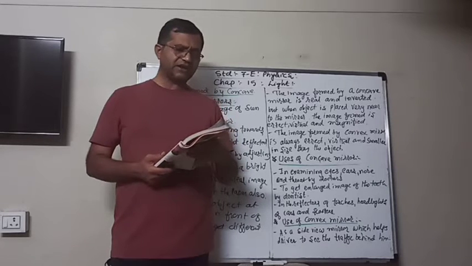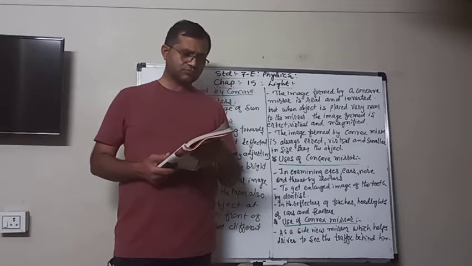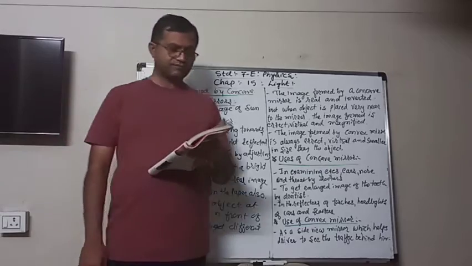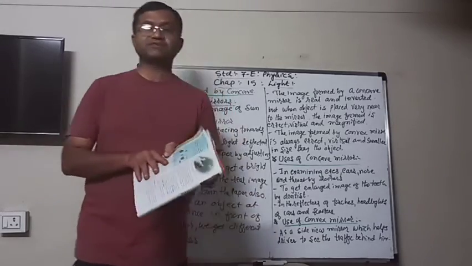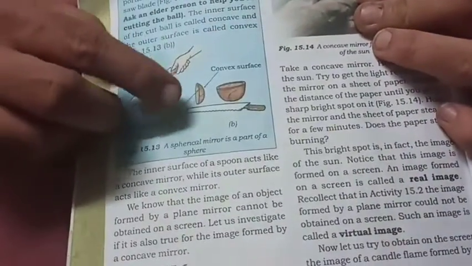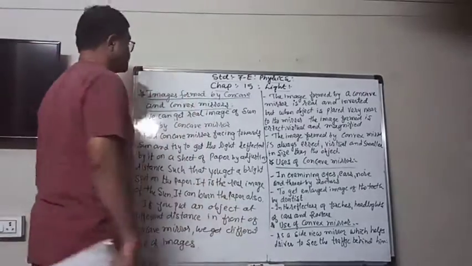Then you will see that the inner surface is concave, but the outer surface is convex, like this. If you cut them, then the inner surface will be concave, but if it is outside, then it is convex.